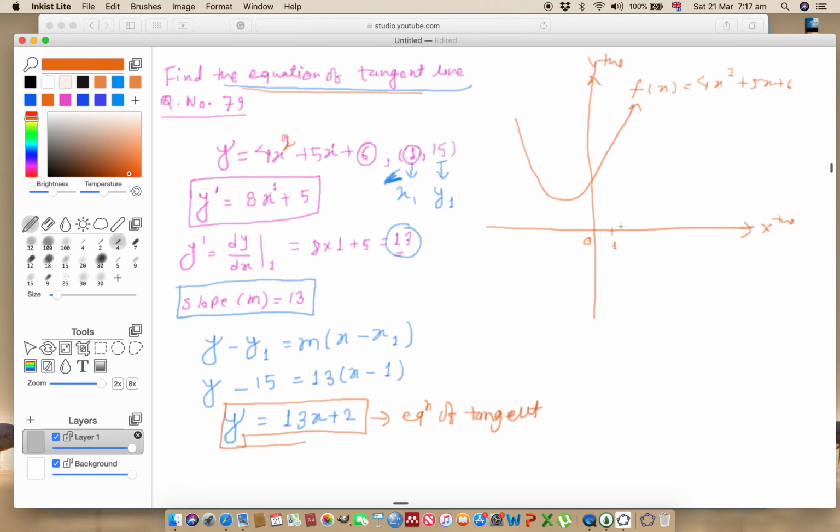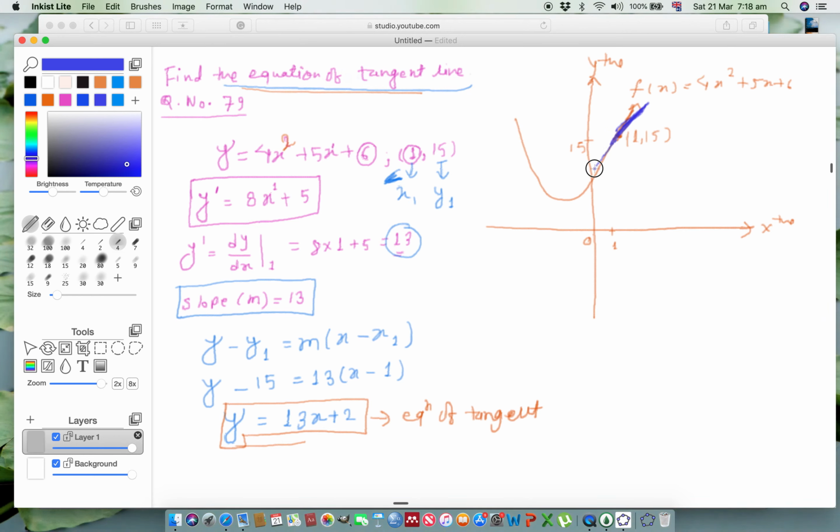Here is 1, and here let's say is 15. Here is the point 1 comma 15, and the tangent line passes through this point.